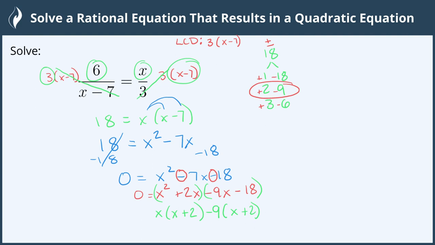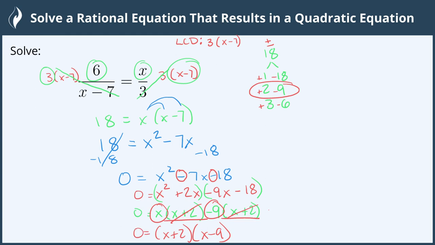Now that we've factored this greatest common factor, we're going to factor out the greatest common factor again. In this case, it's a binomial, x plus 2, and factoring it out, we're left with x minus 9. And this is still equal to 0.